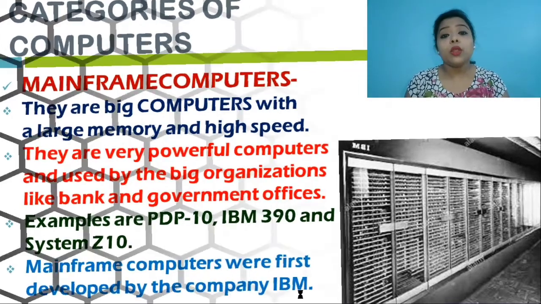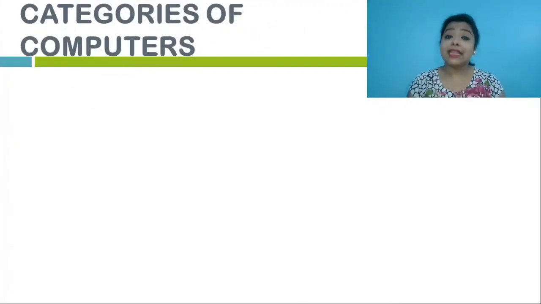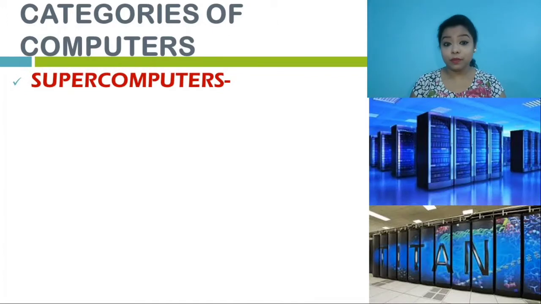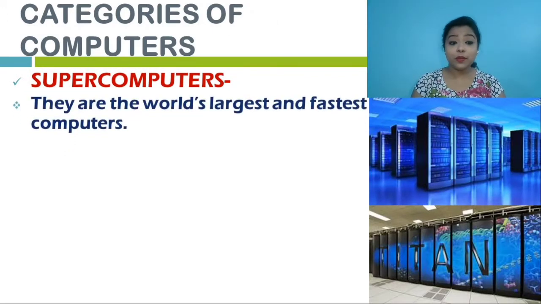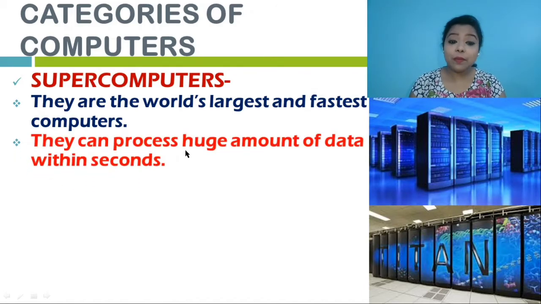Okay, so now coming to the next one. So the next one is supercomputers. Okay, so supercomputers are world's largest and the fastest computers. So this is the largest and the fastest computer present in the world. You can see the image here. So they can process huge amount of data within seconds as they are fastest, and they can store a huge data as they are largest also.